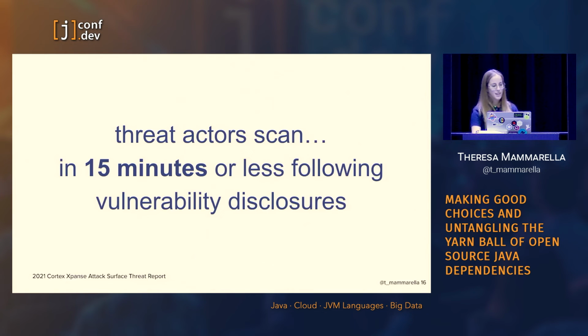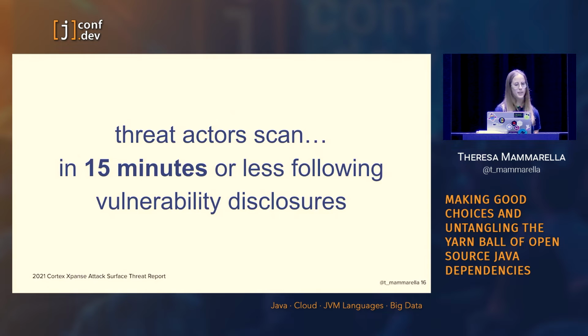There was a study done in the Cortex Expanse report showing that when a new vulnerability gets publicized, scanning by threat actors starts to happen within 15 minutes, which is way too fast for really anyone to be dealing with. The average development team takes 12 hours versus this 15 minutes.